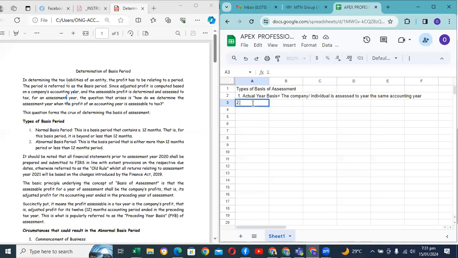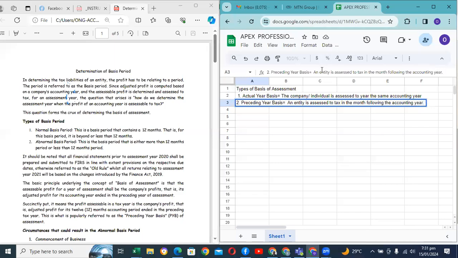Another thing we need to look at, the second one, is the preceding year basis. And what does that mean? Preceding year basis means an entity is assessed to tax in the month following the accounting year.